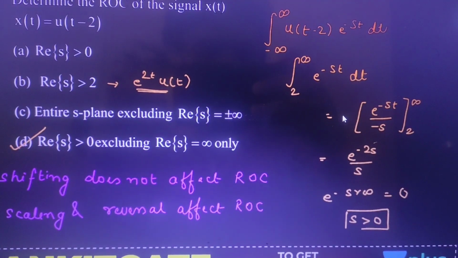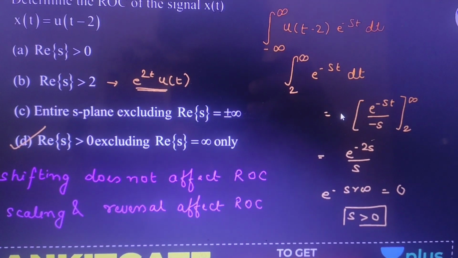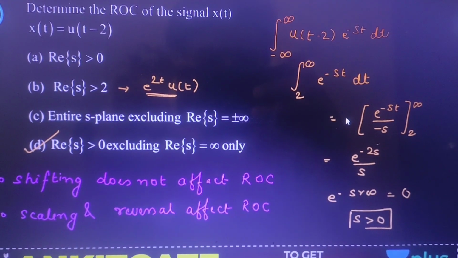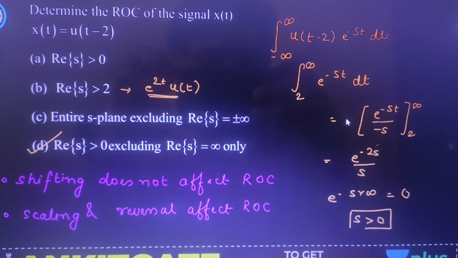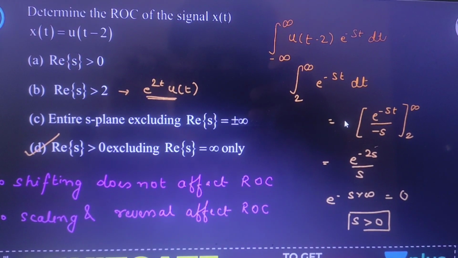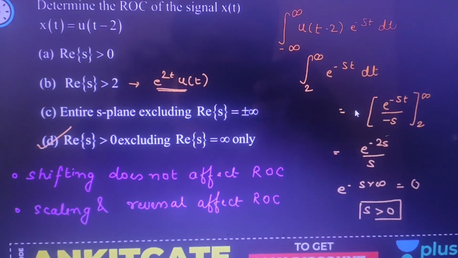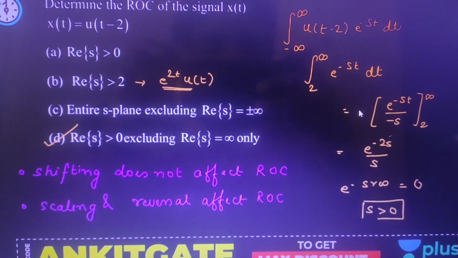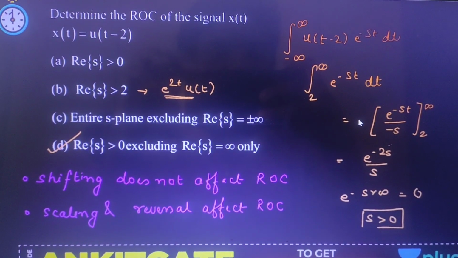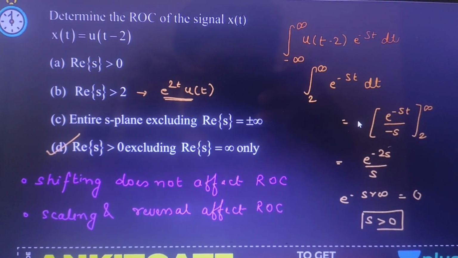You will get e power minus 2s by s. As real part of s tends to infinity, e power minus 2s gives 0. So the real part of s is greater than 0. So option D is the right answer, as the real part of s greater than 0, excluding real part of s equal to infinity only.